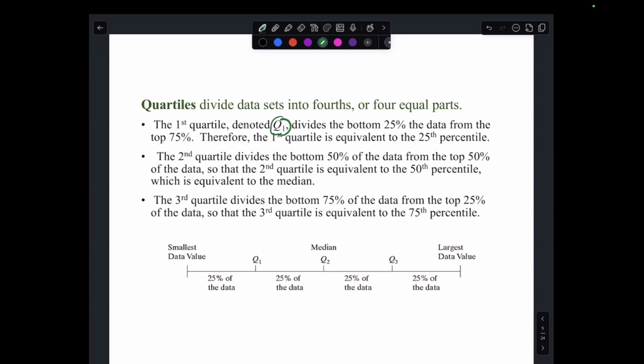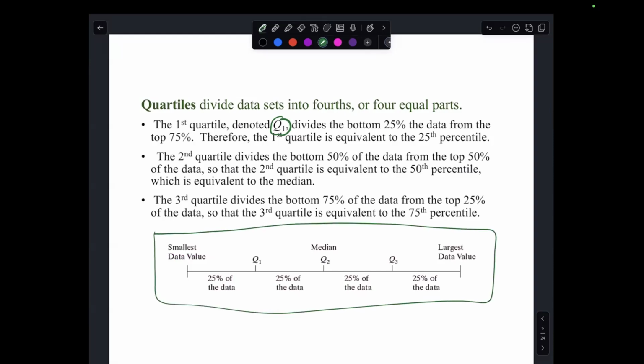This diagram is probably more useful than any words. If I was taking notes, this diagram is what I would put in my notes. The second quartile is the second 25%, and it goes right up into the median. The third quartile is the third 25%. It goes from the median up to the last 25%.